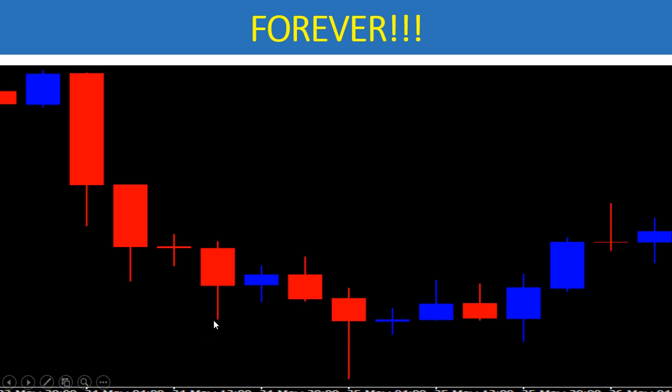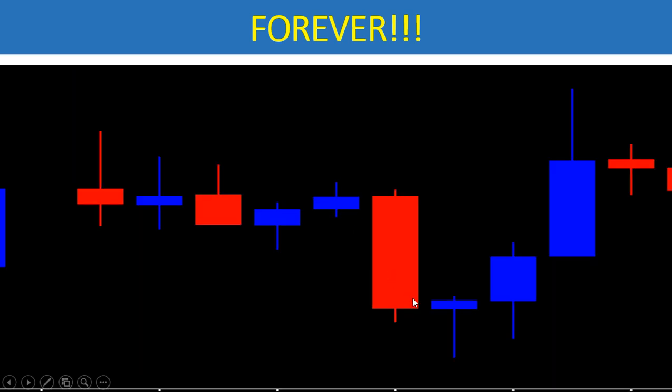So it should not close below the support. If it closes below the support, then you disregard it. But for the fact that the price drops below the support and eventually closed above it, then it's a bullish pin bar.